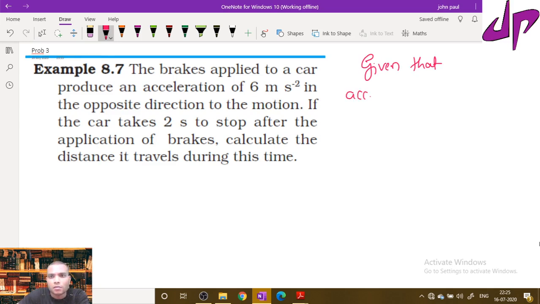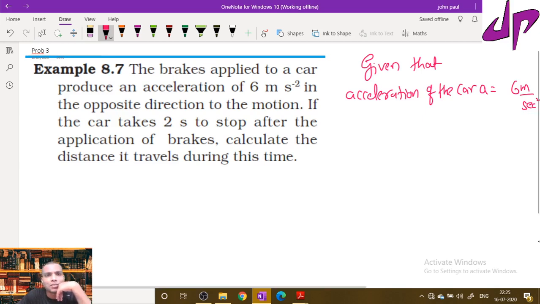Acceleration of the car, a equal to, it's given 6 meter per second square, but when you apply brakes, the car acceleration decreases. So here in the problem it is mentioned in the opposite direction. For the opposite direction, we use a sign that is called negative sign.